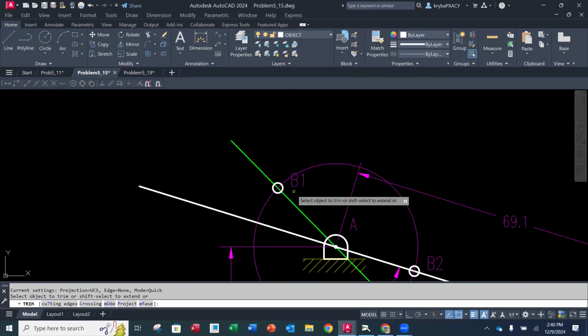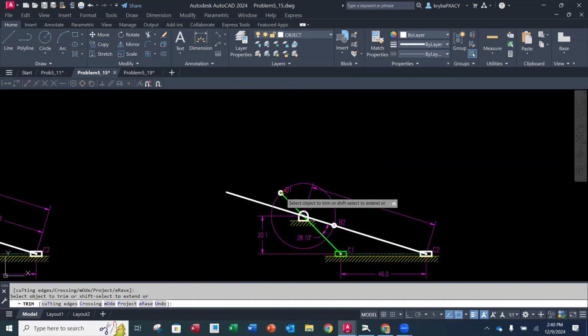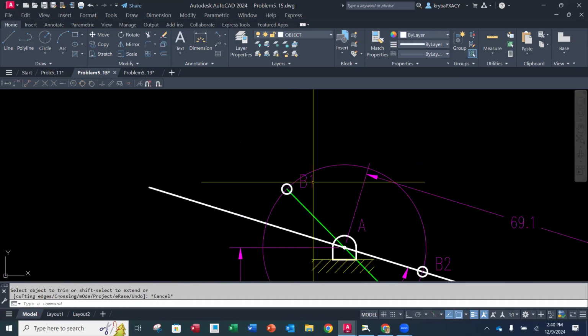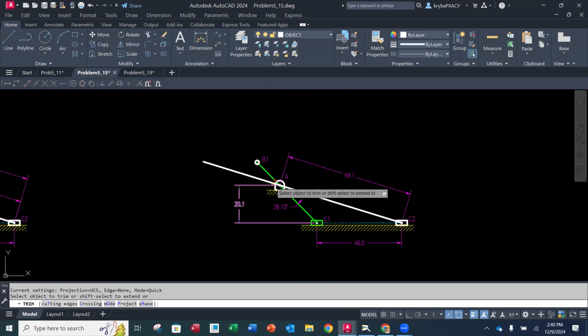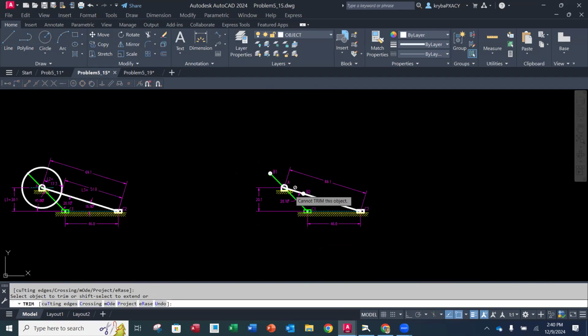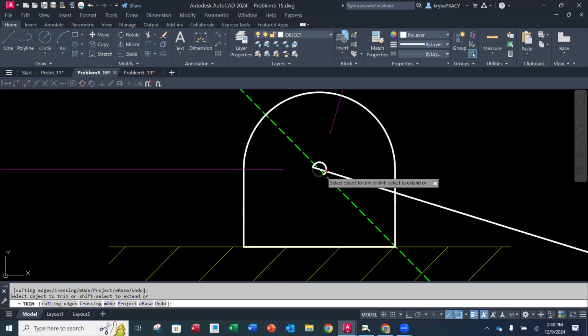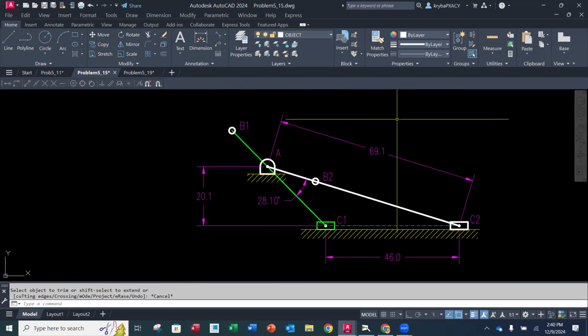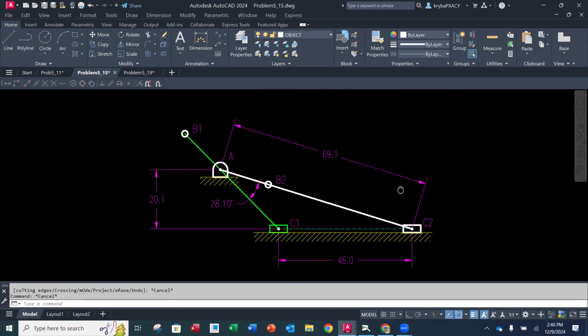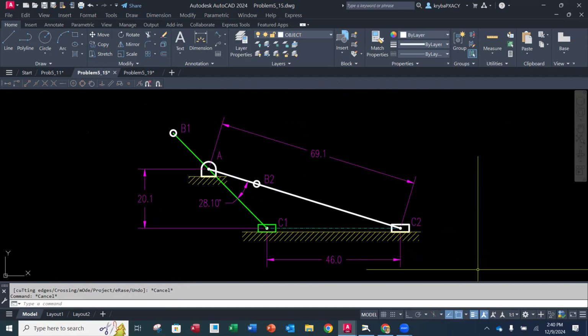So then I can trim away the extra length here, and then I can get rid of that radius. And then I can trim this to center here. So that's what I have so far.